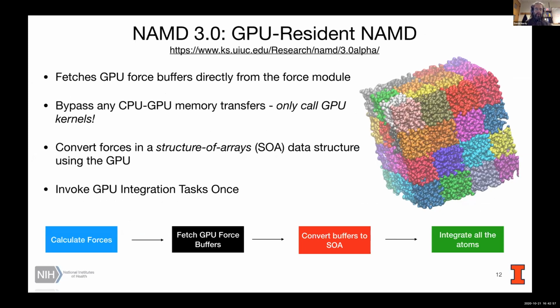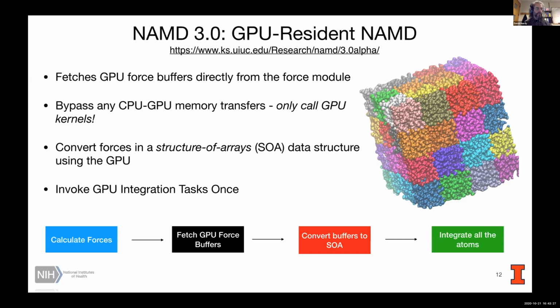So we've been working now over the past couple of years on developing a GPU resident version of NAMD. So in this case, we are fetching the GPU force buffers directly from the force modules, we're bypassing any of the CPU-GPU memory transfers so that we're only calling the GPU kernels.